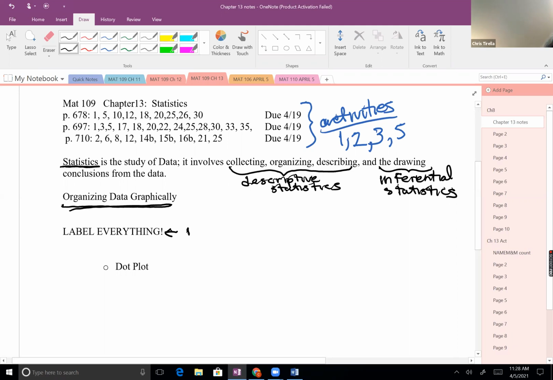So you want to put a title for each graph. You need to label each axis with what it represents, if there are multiple axes. Again, you want it so that the person who's reading knows exactly what your data was.